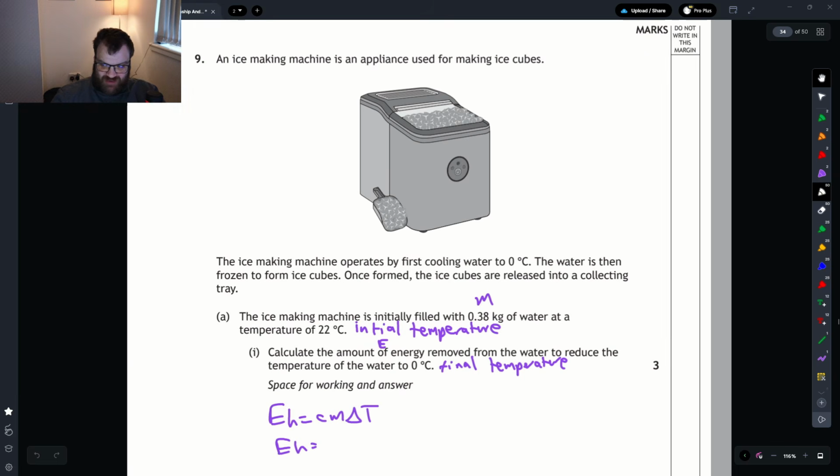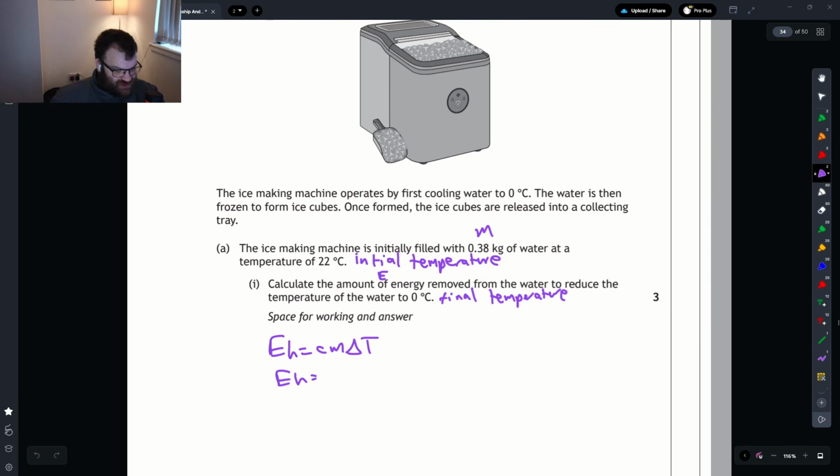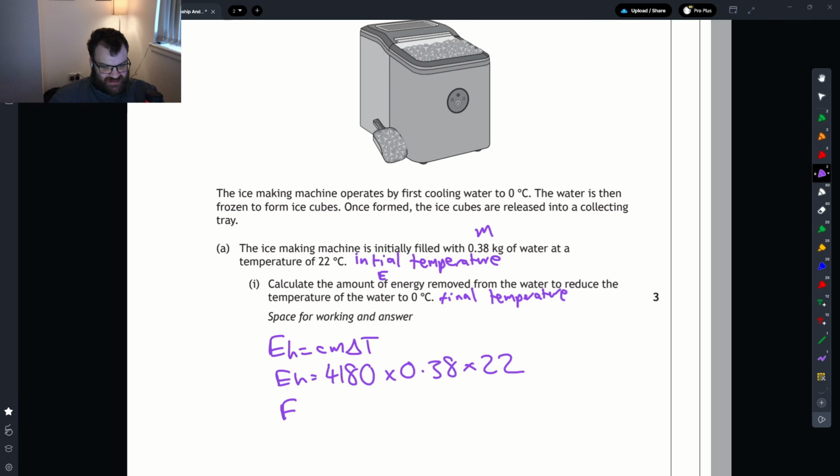And this is one where I always have to pause, because in chemistry, sorry to bring it back to chemistry, it is 4.18 kilojoules per kilogram per degree Celsius, whereas here we're talking about joules. So 4180. The mass is 0.38, and the temperature change is 22 degrees.